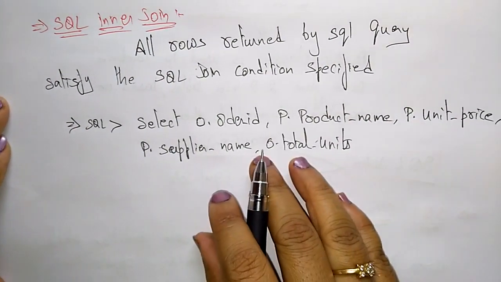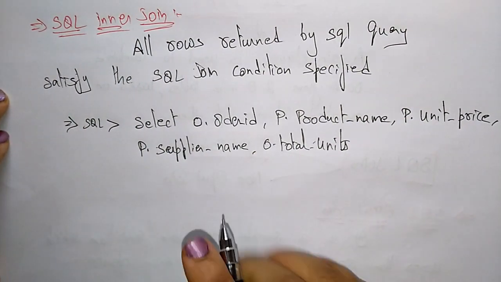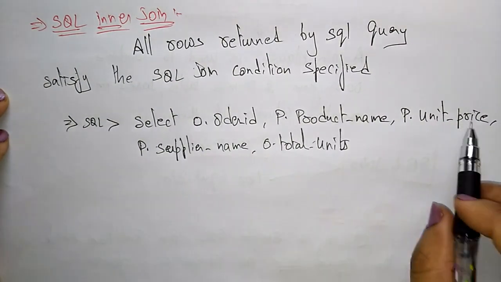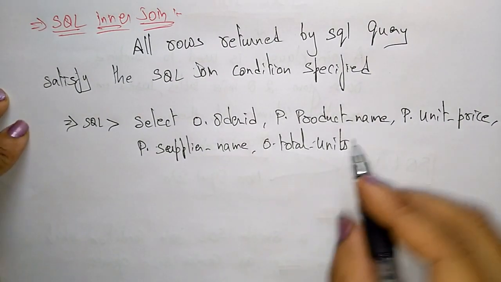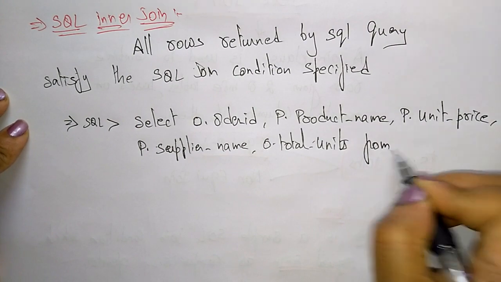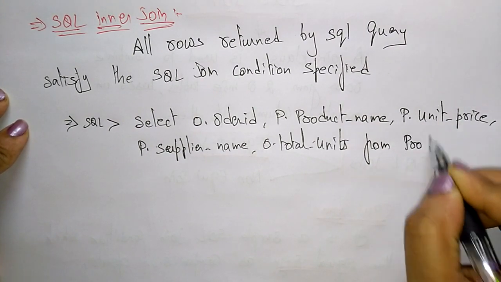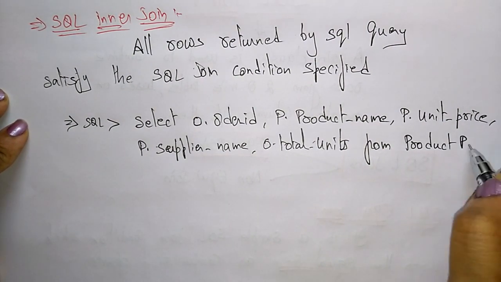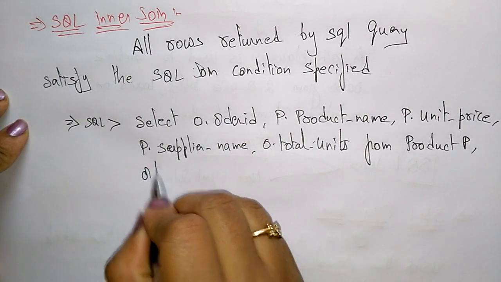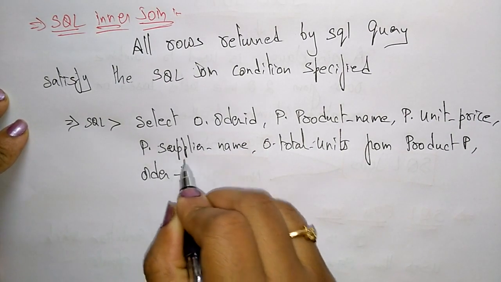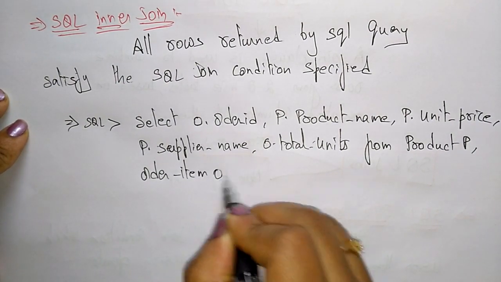P is for the product table, O for the ordered item table. From product P and order item O tables.